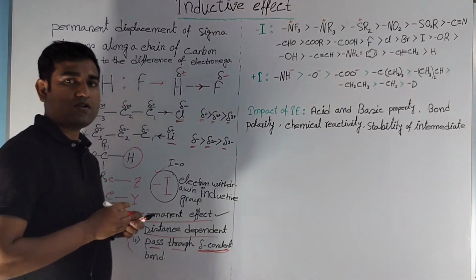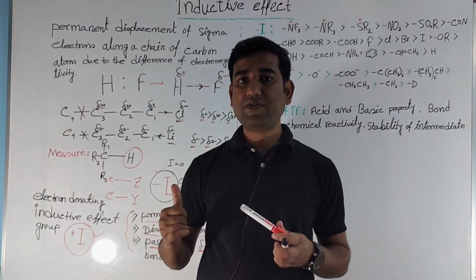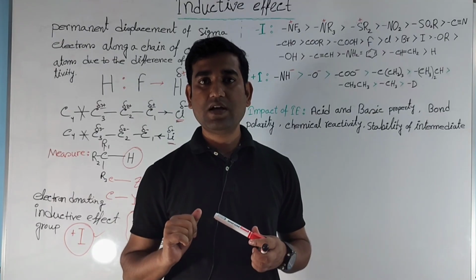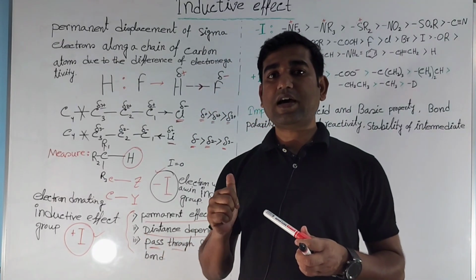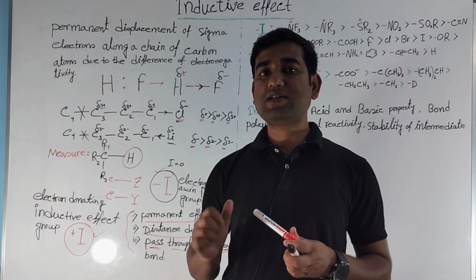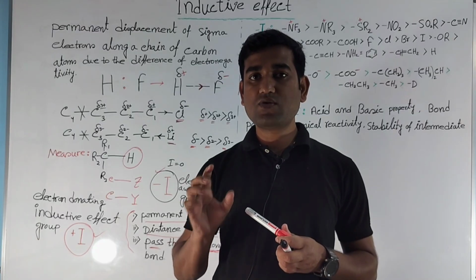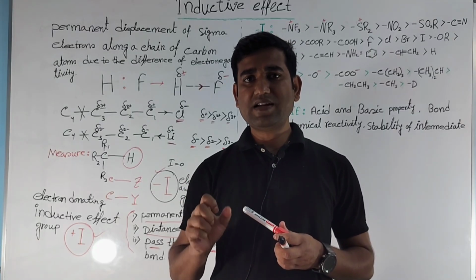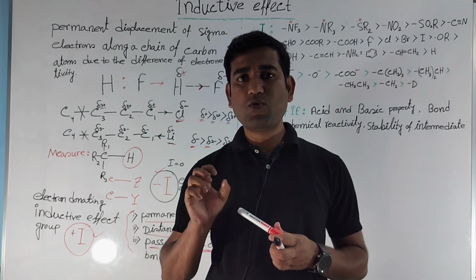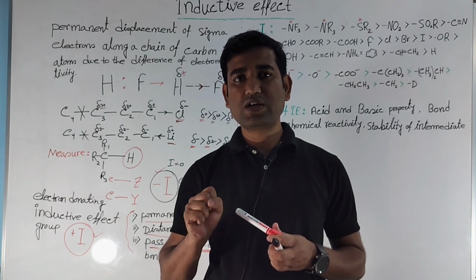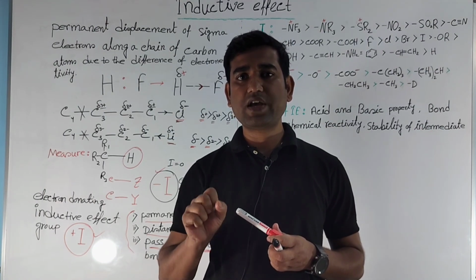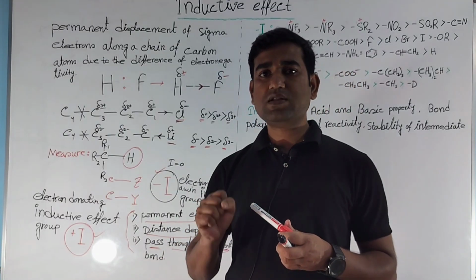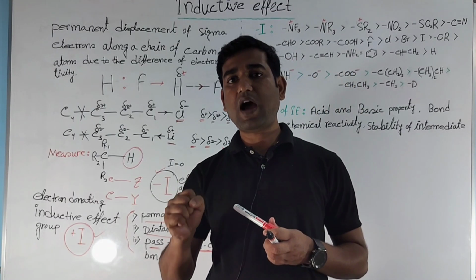Means the inductive effect does not have any exact value, it has a relative value. The C-H bond, meaning hydrogen, is the reference point. If any group replaces hydrogen and its electron withdrawing power is more than hydrogen, we call it an electron withdrawing inductive group, the minus I group.